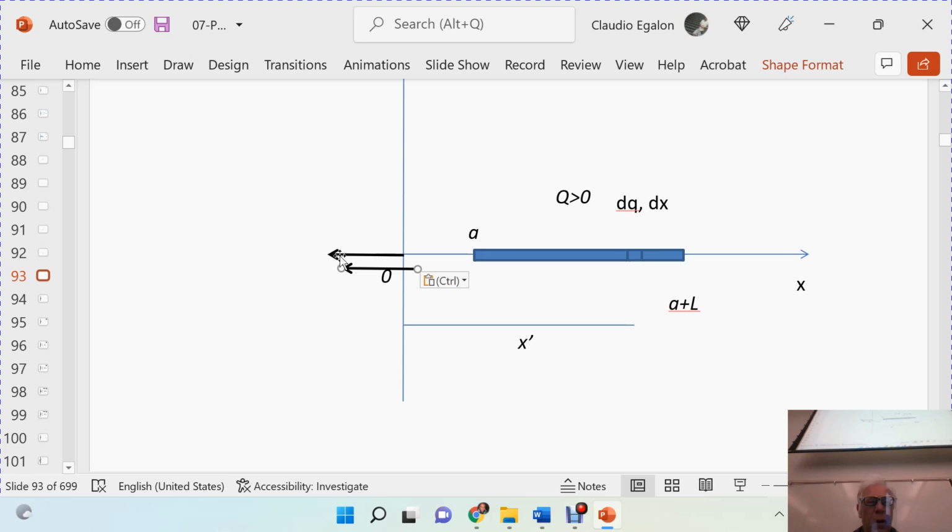Here you go. Here's my x hat, right? I'm going to put it a little bit shorter. Does the x hat change direction as I integrate from this tip to the other tip of the rod? No, right? x hat and y hat and z hat, they are constant vectors.